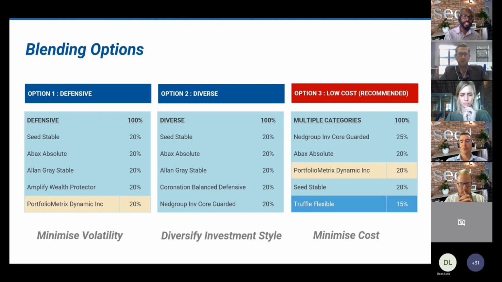As an example, in that more defensive category, we've got the Portfolio Metrics Dynamic Income Fund, which is an income fund, slightly higher volatility than your income funds, but lower volatility than your low equity funds. That would blend well in a defensive option of those low equity funds. And then we've also got a strategy that is minimizing the cost.